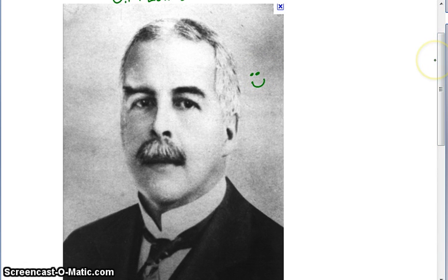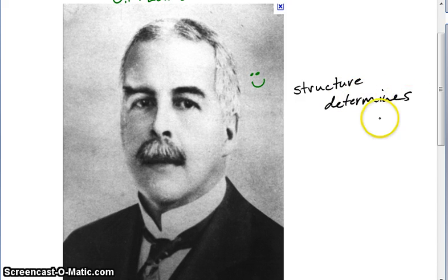Lewis structures are one of my favorite topics because Lewis structures are going to help us get the shape of the compounds. And why does shape or structure matter? You should remember from biology that structure determines function.